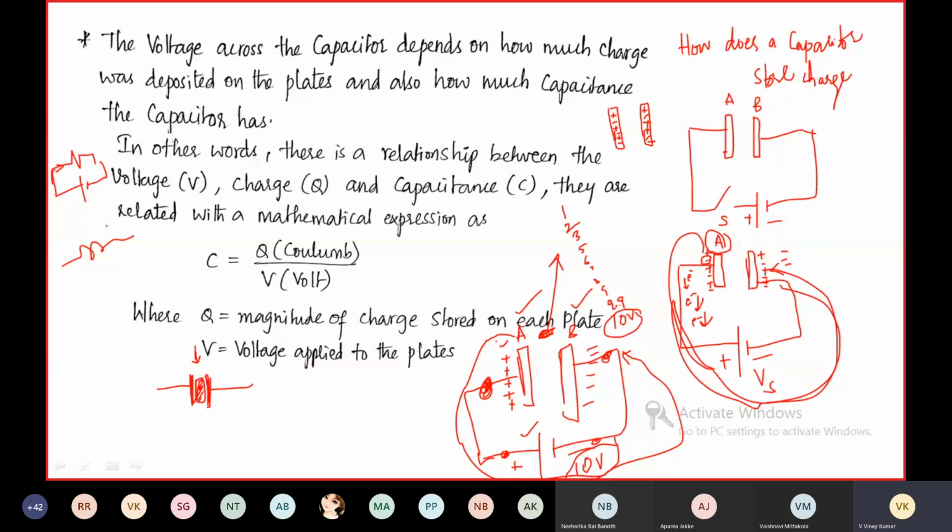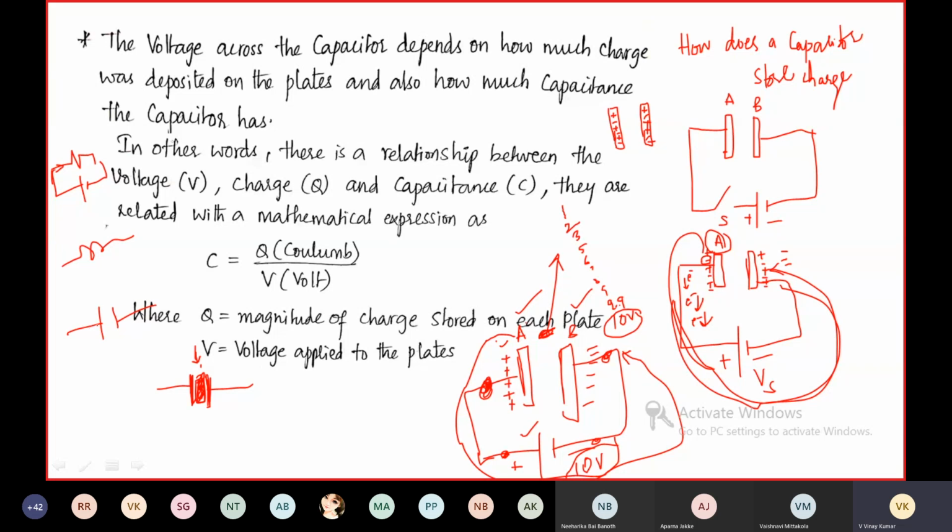The material between the plates is a dielectric medium, which is an insulating medium and does not allow current to flow. So no current flows through the interior of the capacitor.